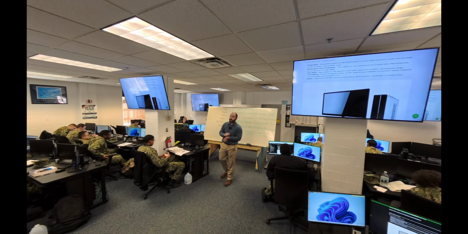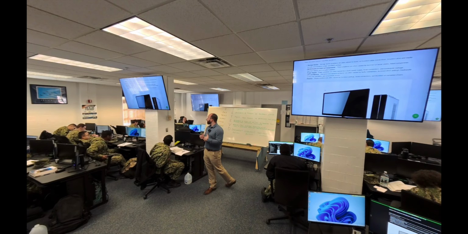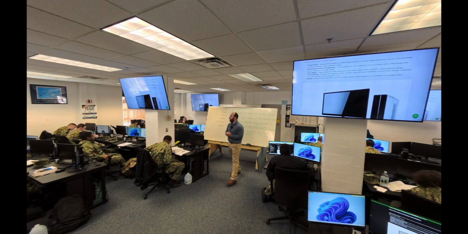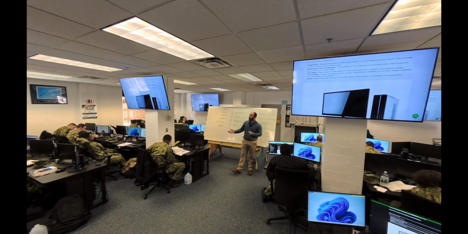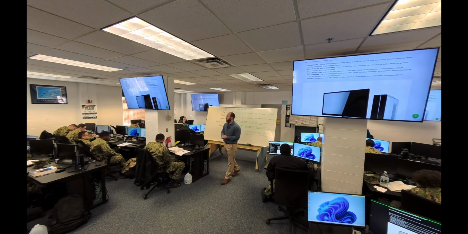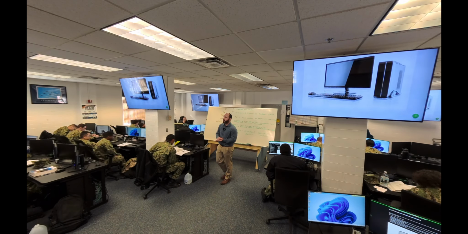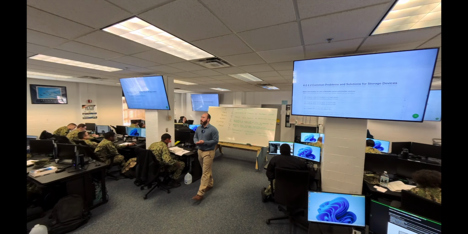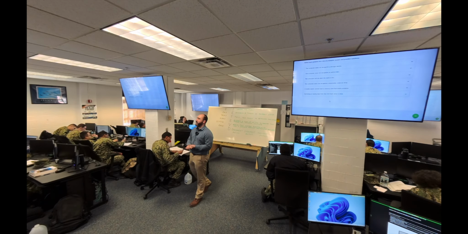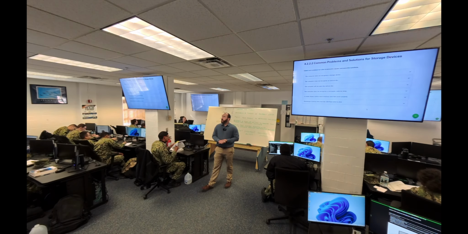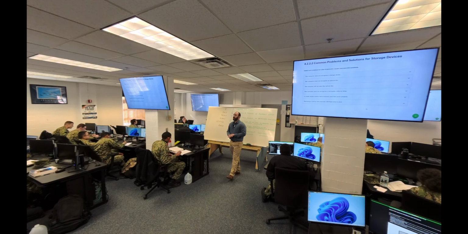And displays. Could be loose cables, could be incorrect display settings, or of course, what is our translator for our hardware? Drivers. Easy day? All right. Common problems and solutions for storage devices. So let's start with the computer does not recognize an optical disc.